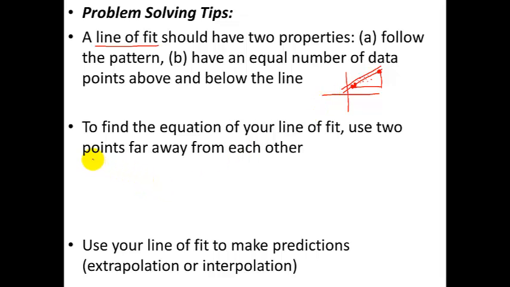So choose 2 points that are far away from each other, and that are definitely on the actual line of best fit. And then lastly, use your line of fit, the equation that you derive from this, to make predictions, which are either extrapolations or interpolations. Alright, I guess I don't have any more examples because all the problems are word problems where you're plotting. So maybe I'll just write this down. Number 1, plot data. Please write this down as well.